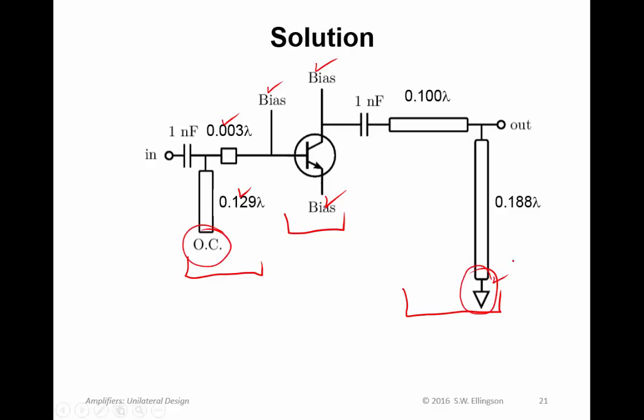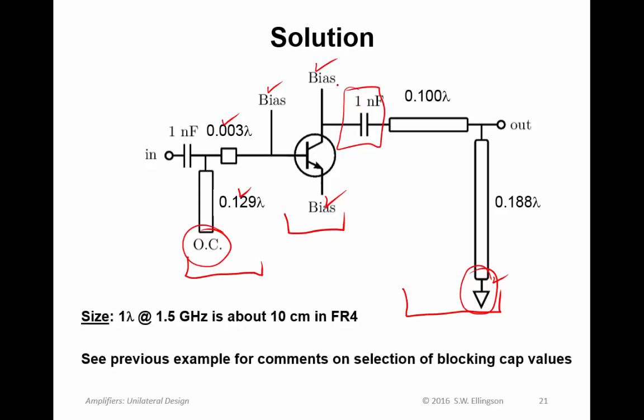Because this one is short circuited, I have to put some kind of isolation up here, or at least indicate that I'm going to need some isolation up here. And those considerations are the same considerations that we encountered in the available gain example. And I'll just remind you that this is pretty small because one wavelength at 1.5 gigahertz in FR4 is about 10 centimeters. So this thing is just a couple centimeters in dimension.